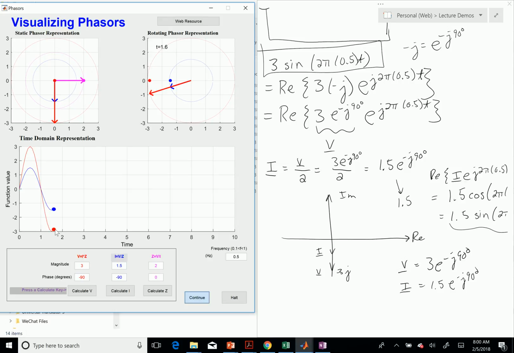In the time domain, at the same time, t equal to 1.6, it's just below negative 3. If I run it a little further and stop right here, at time t equal to 2.6, the real part is just below 3 on the real axis. Right here on the time axis, at time 2.6, I'm just below 3 at the same point.